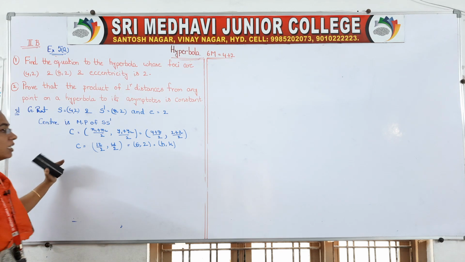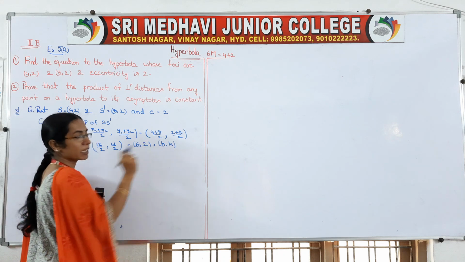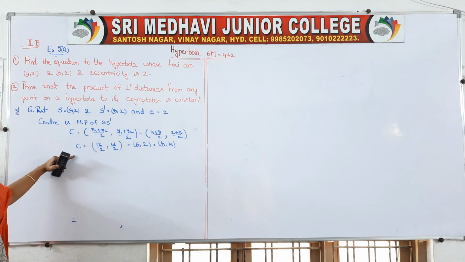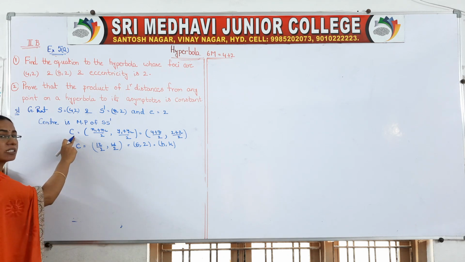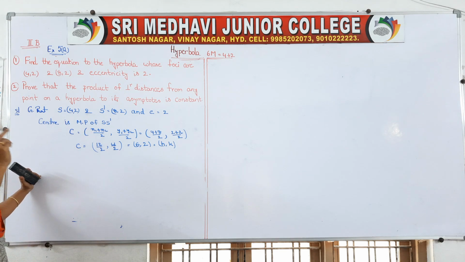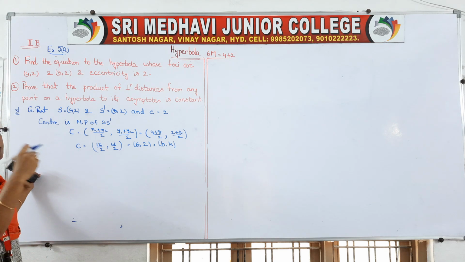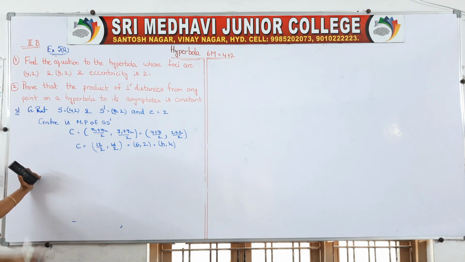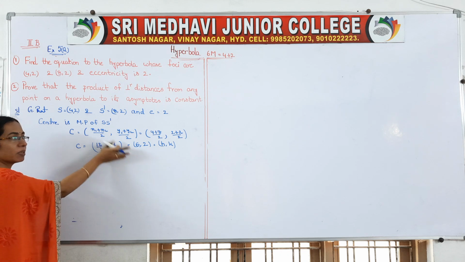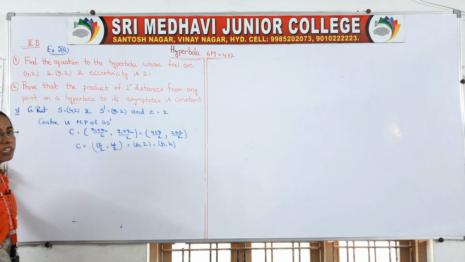For that we need the h, k values and the a, b values. We got our (h, k) because the center is the midpoint of the two foci, S and S dash. By applying the midpoint formula, we got our center.